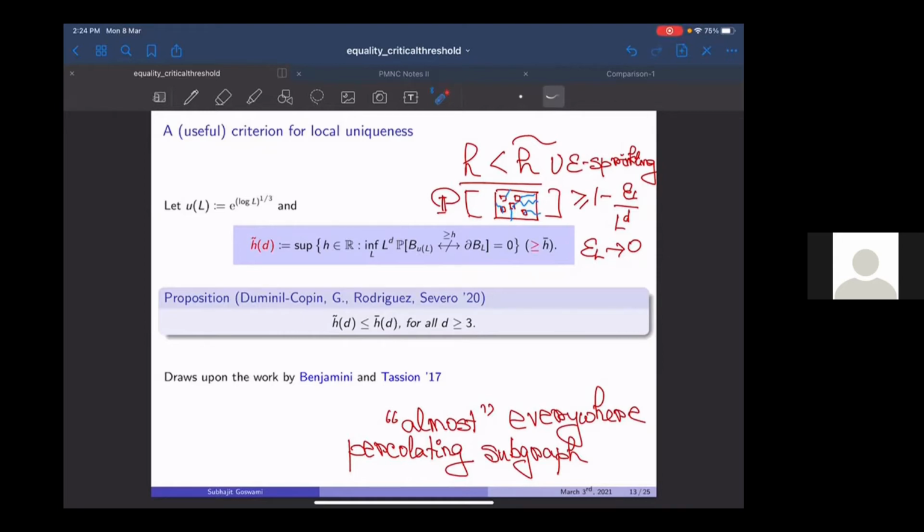So with this, h tilde equals h bar. Good. Any question?